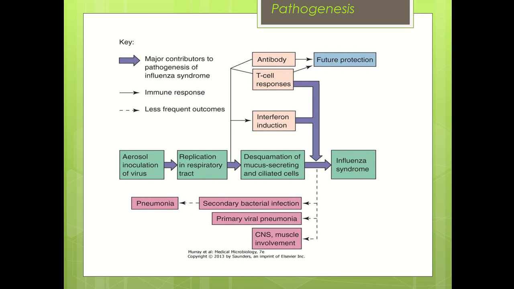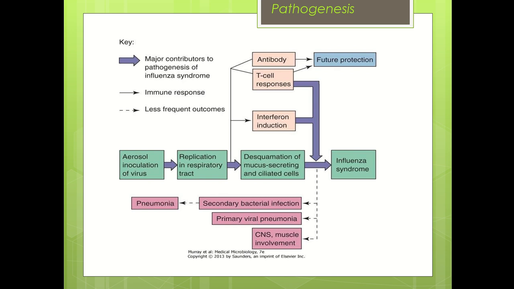So first, aerosol inoculation of the virus into the respiratory tract, replication of the virus in the respiratory tract, followed by desquamation of the mucus-secreting ciliated epithelial cells, and that results in influenza-like syndrome. And what happens between the replication and desquamation? There is a rise in interferon, the antiviral cytokine, and this is followed by a rise in antibody and T cell mediated immune response.